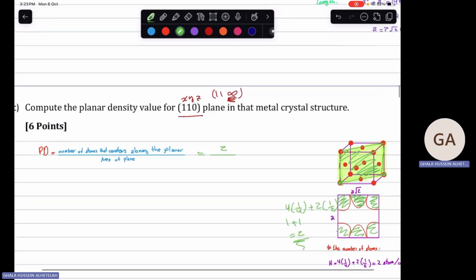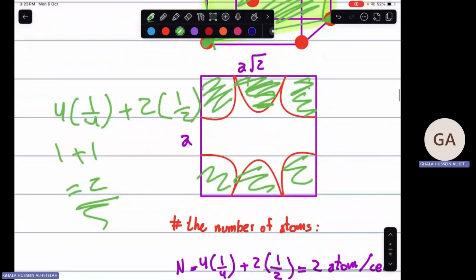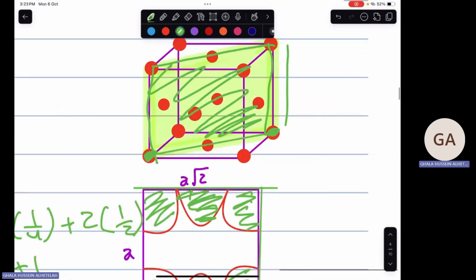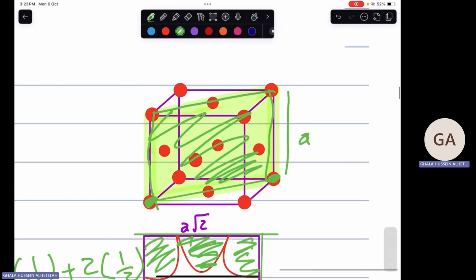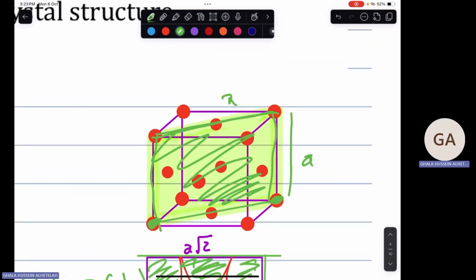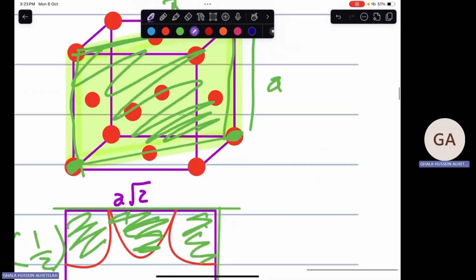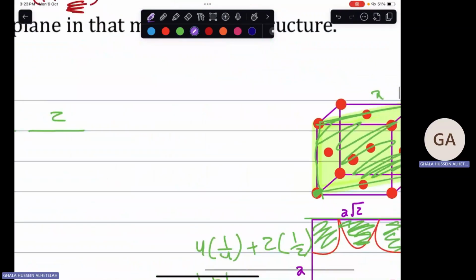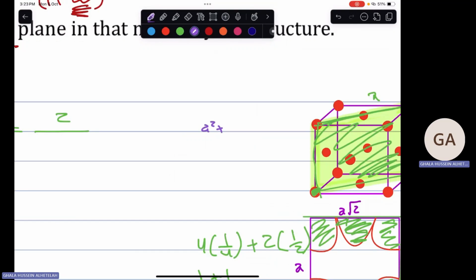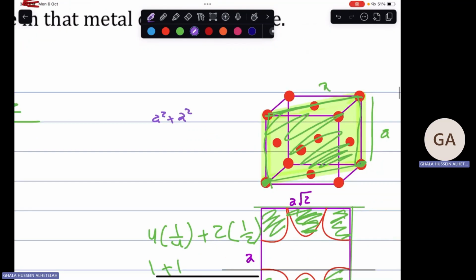So for the area of the plane, we need to know this side and this side. Okay. This side we already know is a. And this side we can find by using the Pythagoras theorem. It is basically, we can find it by using this relationship: a squared plus a squared, the same as this side.